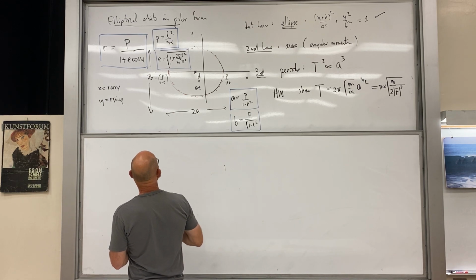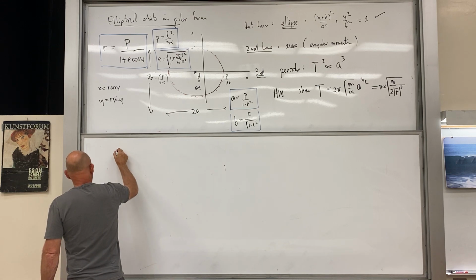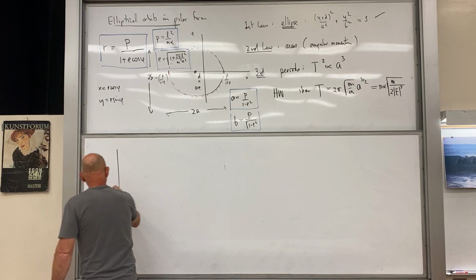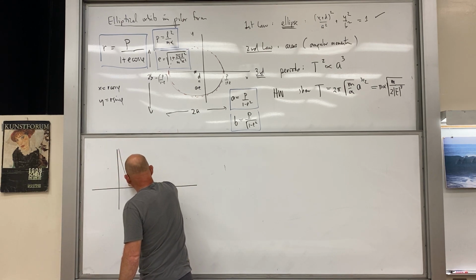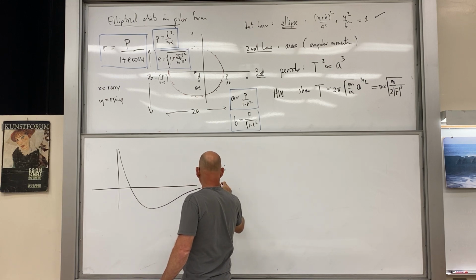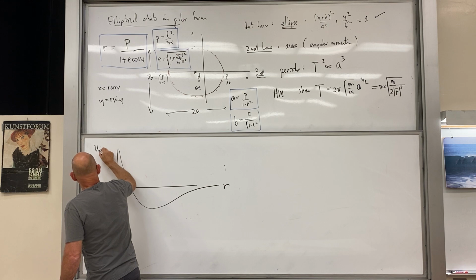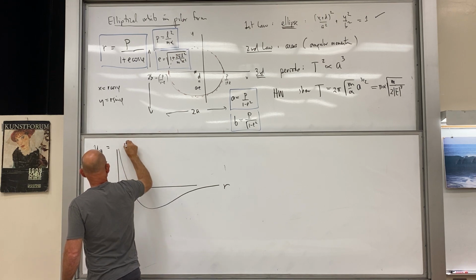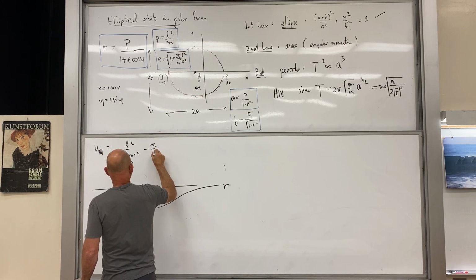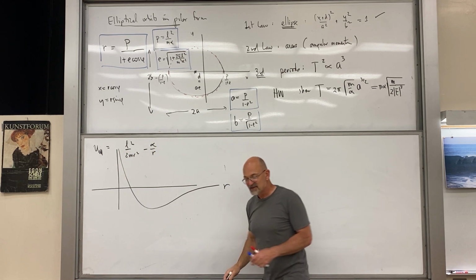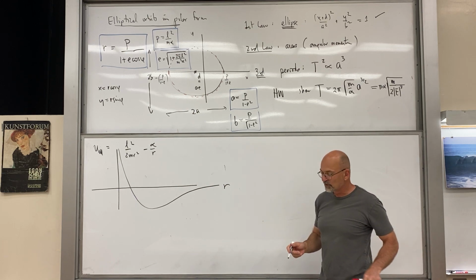So let's return to our large version of this effective potential now. That's L squared over 2mr squared minus alpha over r. I'm really exaggerating this negative part of it, just so that we have it at our disposal.